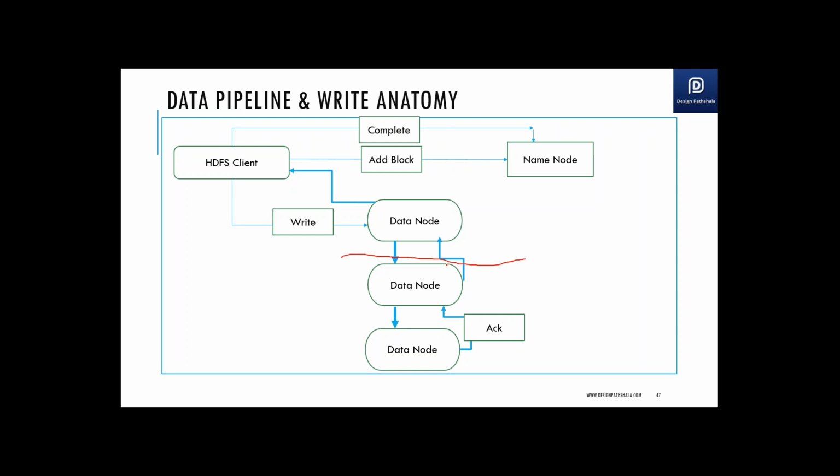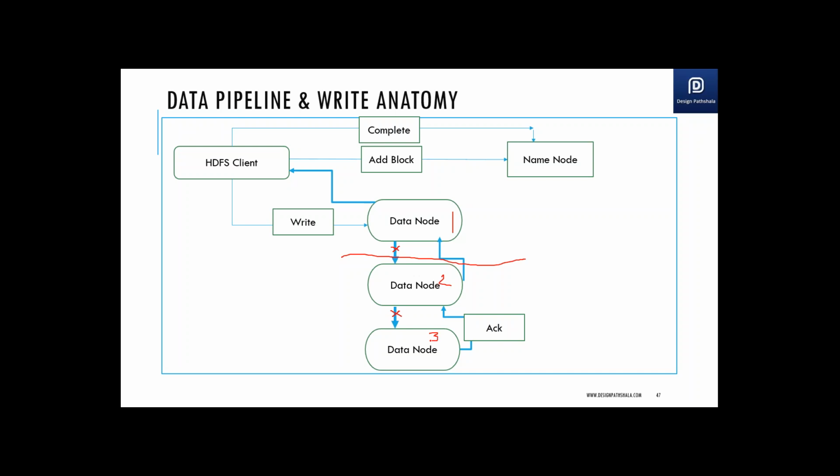Now let's say while writing this there's a failure. What do you think will happen? Does the data node try another data node? So this is 1, this is 2, and this is 3.